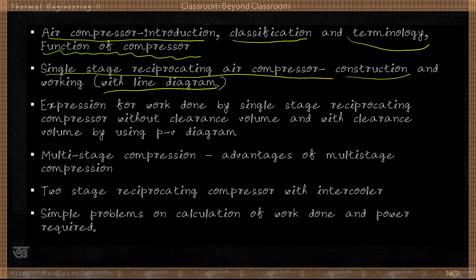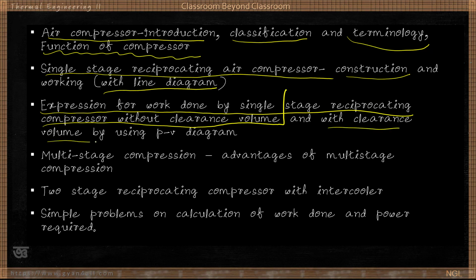In the line diagram, we discussed that it has a piston, a cylinder, a delivery valve, an inlet valve, a crosshead, and a crank and crank mechanism. And the expression for work done by single stage reciprocating compressor without clearance volume, up to this we have completed. With clearance volume, using PV diagram, we will discuss in the next class.